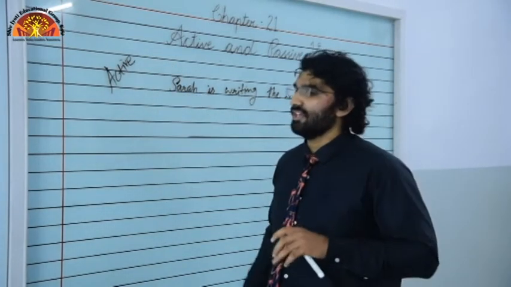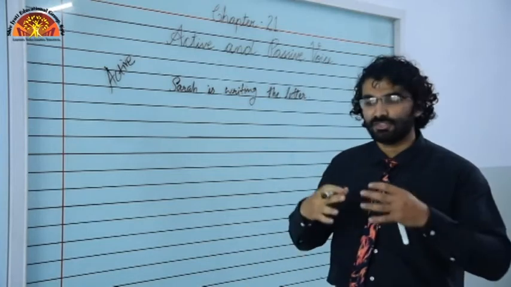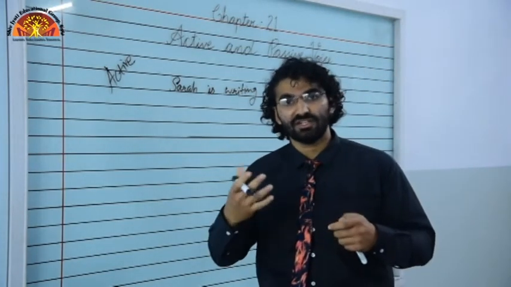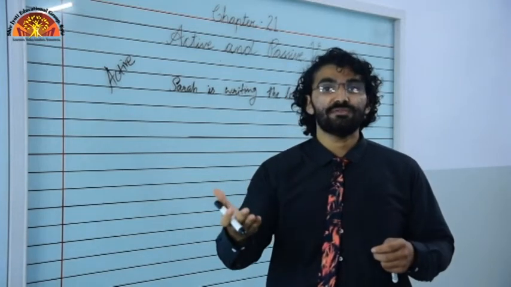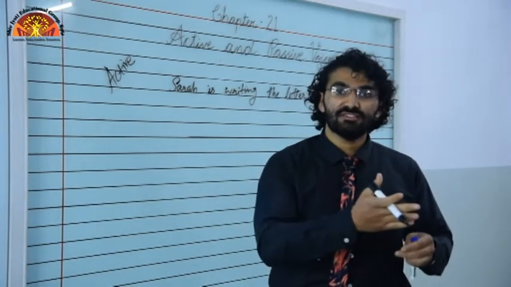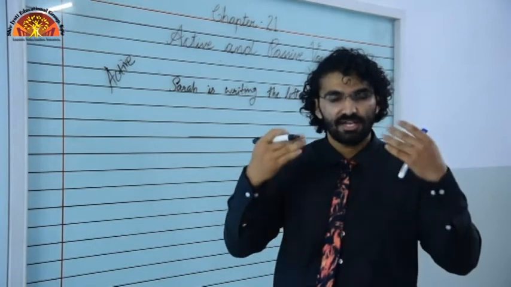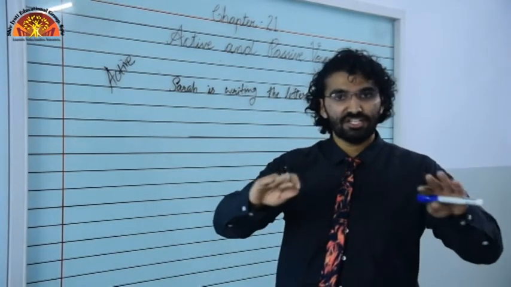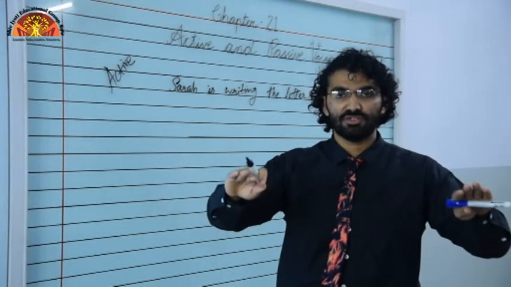You might be wondering, how to be able to find out, how to recognize what's the difference between active voice and passive voice. I believe it's quite clear to you till now. But still, if there is any confusion in your mind, I'm going to tell you.